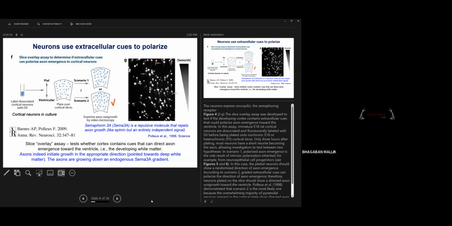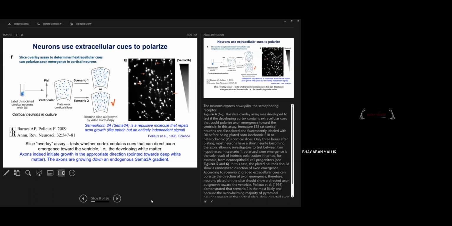That's why it's going to the lower side, because we are culturing the plated cells in the cortical slice, and in the cortical slice you have a higher concentration of semaphorin 3A in the upper side and a lower concentration in the ventricular side. That's why the axon is responding to these signals.